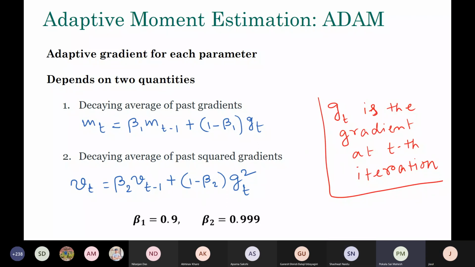Sir, in this case, M T minus 1. M T minus 1. So G T is the gradient based on the current batch. You are convinced about that. So the current batch is getting little weight in this case, but M T is getting more weight from M T minus 1, which is a weighted combination of the past gradients.